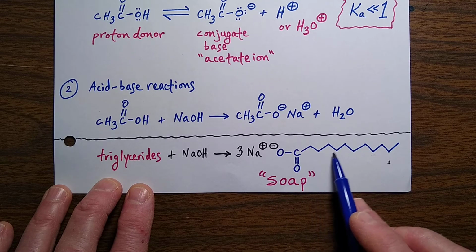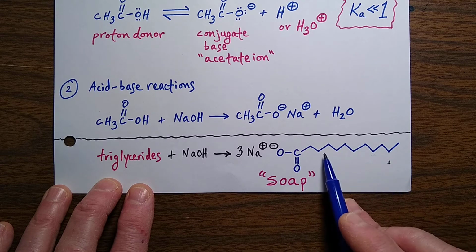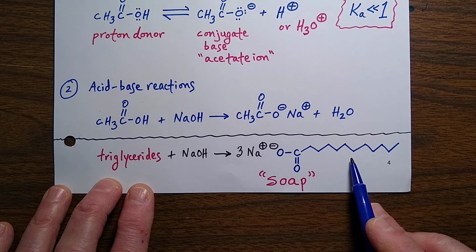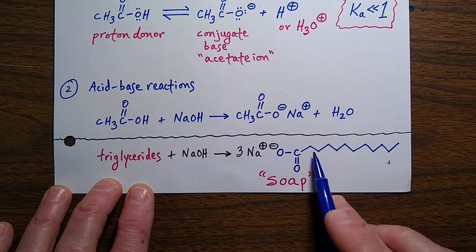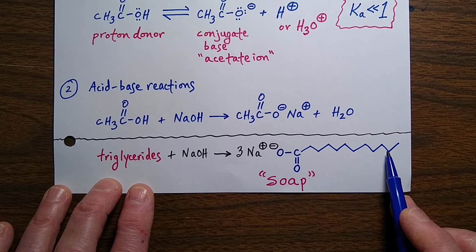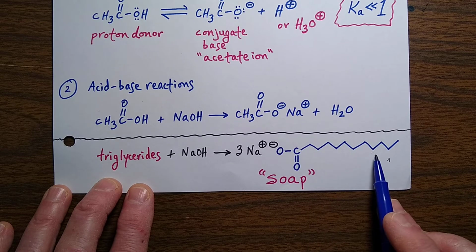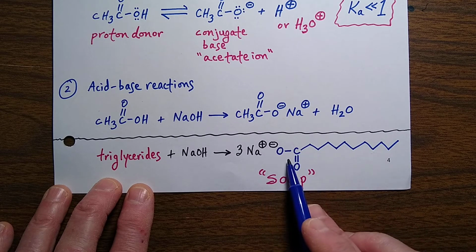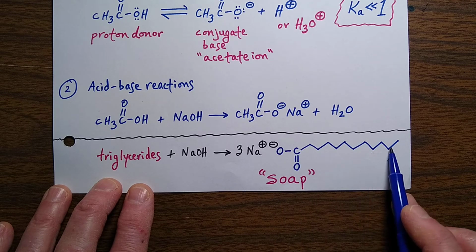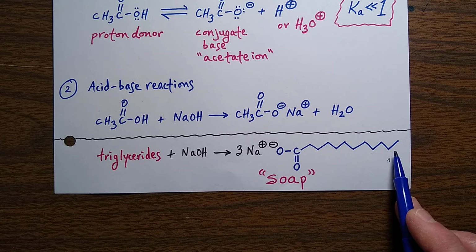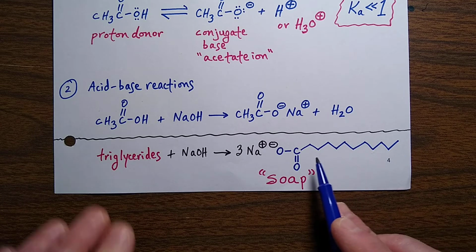But they also have this long chain, which is, as I said, a nonpolar part. This is the part that will interact with the dirt or the grease and oil, and will dissolve the oil, and this part will dissolve in the water. So soap really bridges the gap between things that are not soluble in water and making them soluble in water.